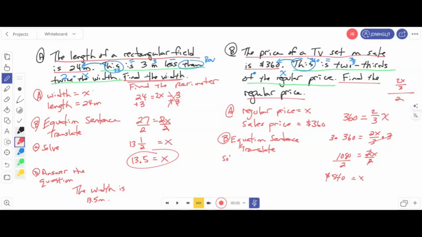So we solved, and now we answer the question. The regular price of the TV is $540.